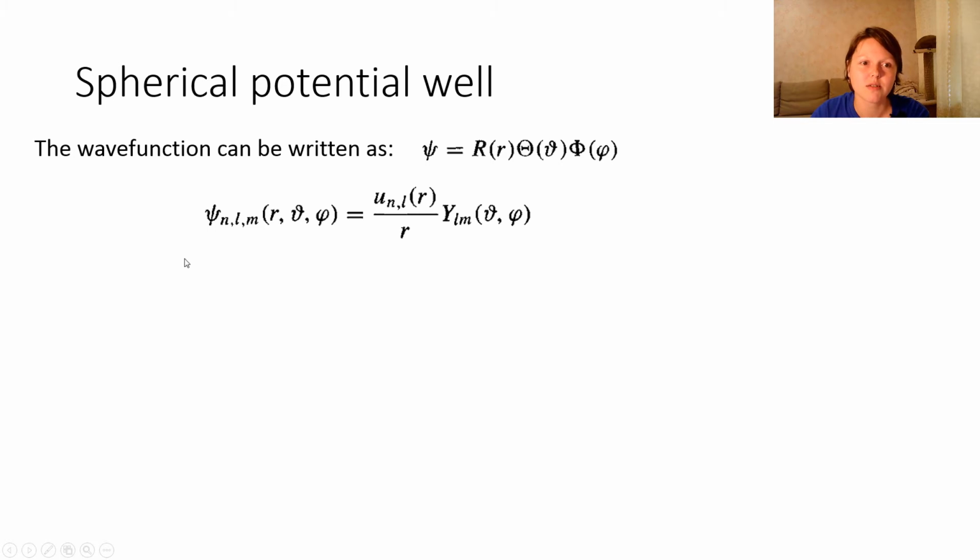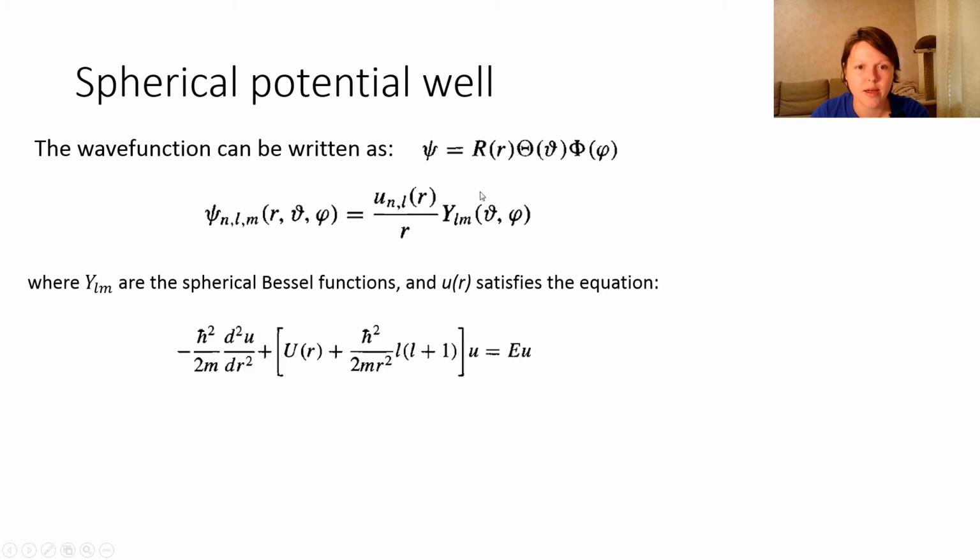And we will get this equation, where this is the spherical Bessel function, and this satisfies an equation that looks very familiar, and we definitely know that it's no longer a three-dimensional equation. This is a one-dimensional equation, and we can definitely solve it.